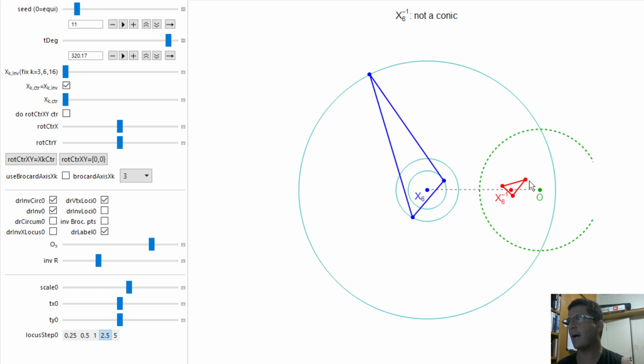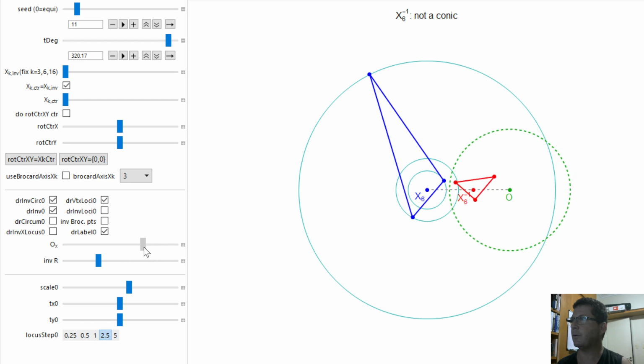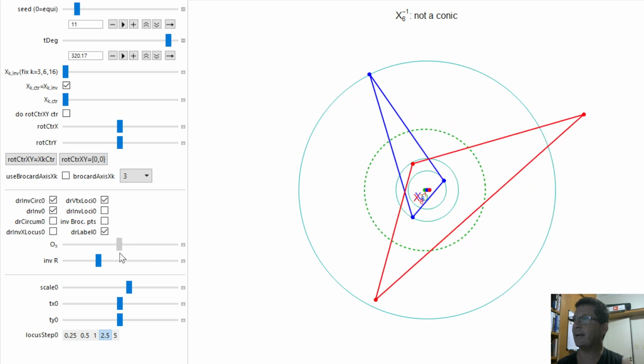Okay, now a miracle happens here. First of all, you can already observe this. X6 of the original triangle, the center of inversion, and the Symmedian of this inversive image are collinear. I can move my center of inversion anywhere, and the collinearity persists.